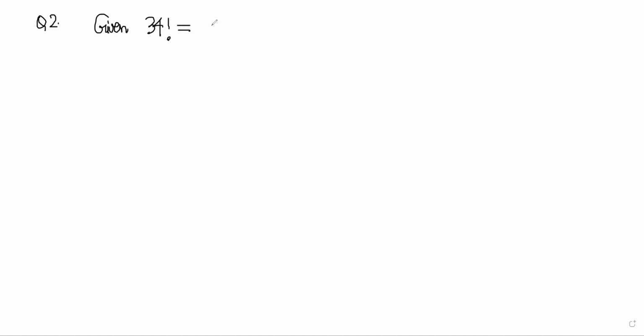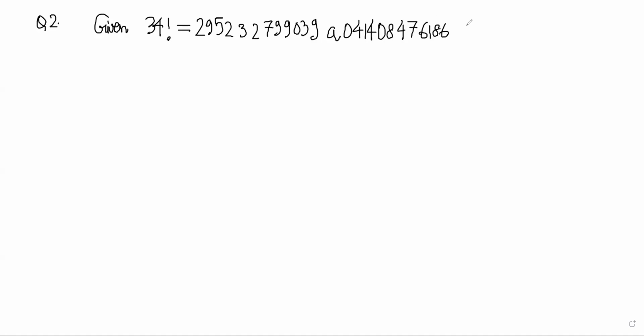Given 34 factorial, the value of 34 factorial is given as 2952 3279 9039 A. This digit is unknown and it is called A. And after that, there is 0414 0847 6186 0964 35 B, and then there are 7 zeros.